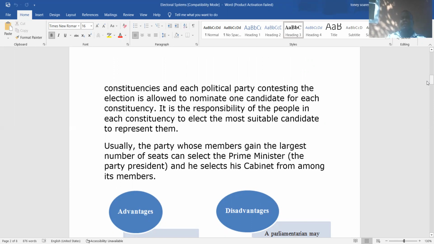It is the responsibility of the people in each constituency to elect the most suitable candidate to represent them. Usually, the party whose members gain the largest number of seats can select the prime minister or the party president, and he selects his cabinet from among the members.